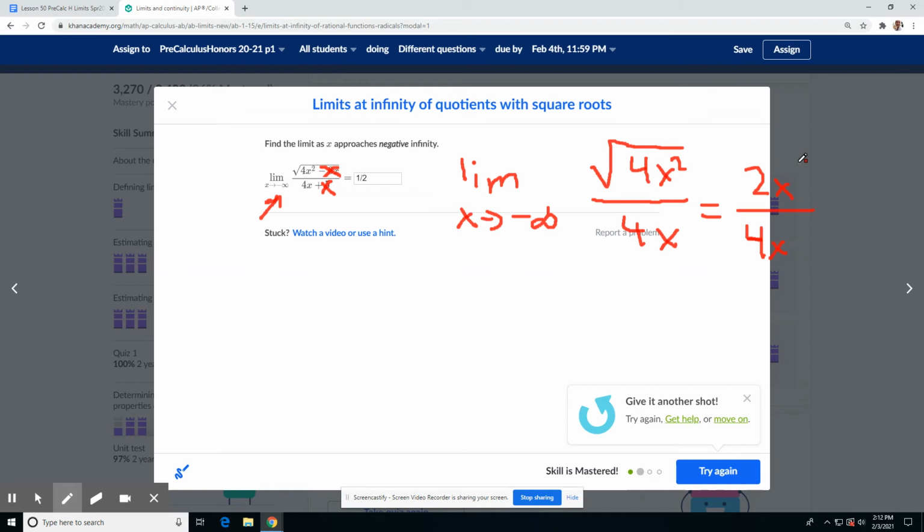So this is always positive on top as we go to negative infinity, because that was originally squared. And then this is always negative. And so what does that mean if you have a positive over a negative always? That answer is going to be negative. So it's my 1/2. The answer is going to be the same, but you just got to be careful about your sign because of that negative infinity.